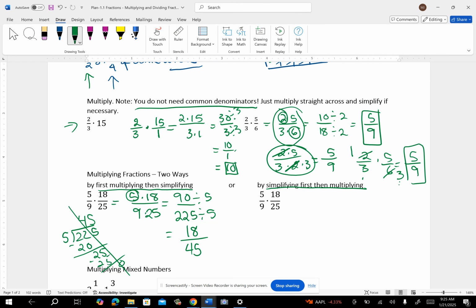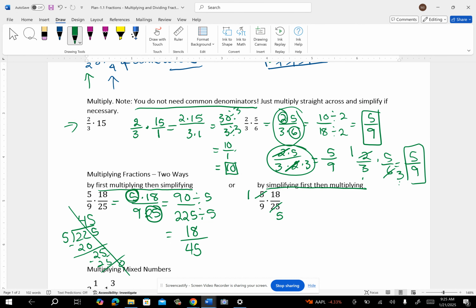Okay? So what we could do is notice that 5 is on top and 25 is divisible by 5. We could simplify first, and the way you actually typically do it is you say 5 goes into 5 once, and if you notice down here, 5 goes into 25 5 times.